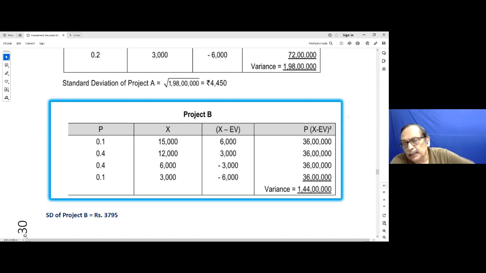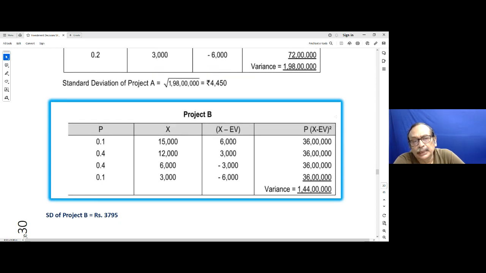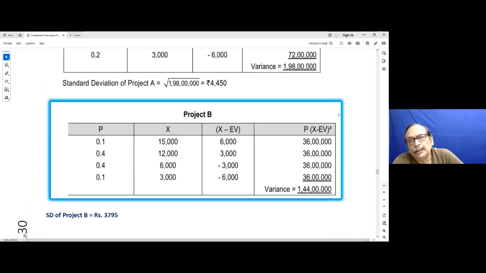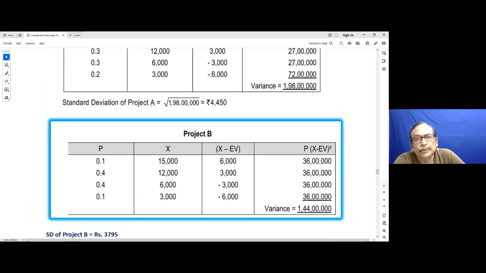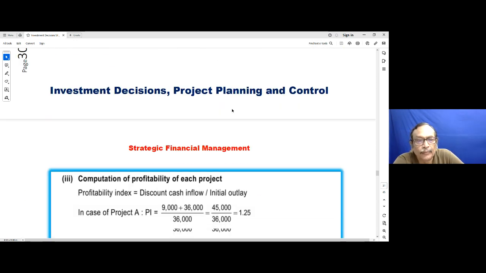Here probability is given for project B. Then we calculate the standard deviation of project B. It comes to 3795. So the standard deviation of project A is 4450 and the standard deviation of project B is 3795.